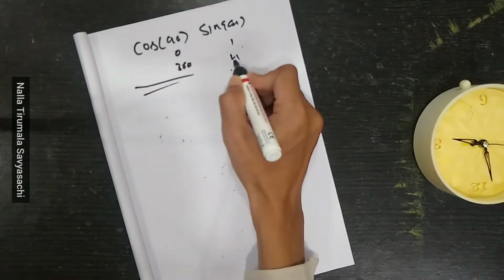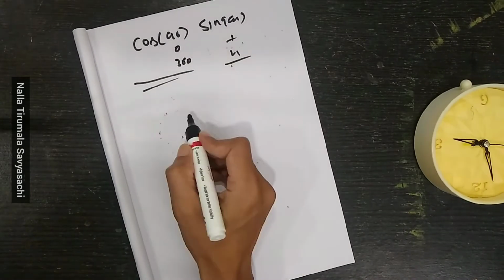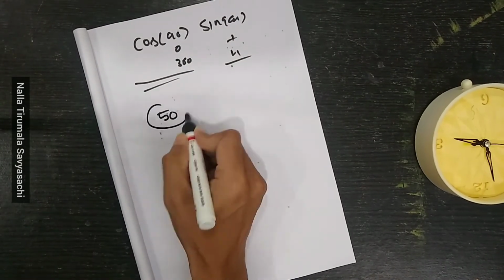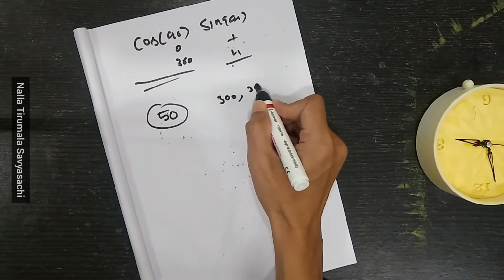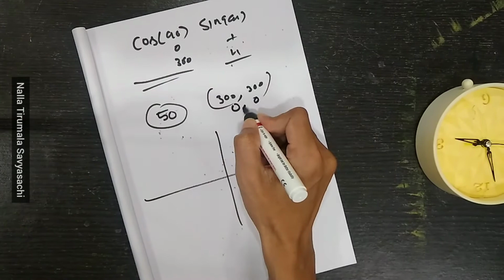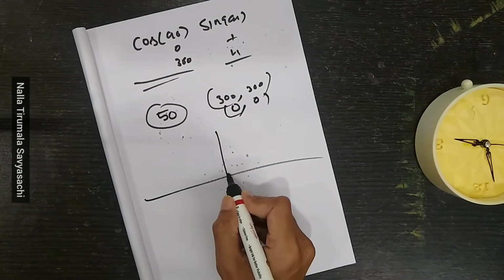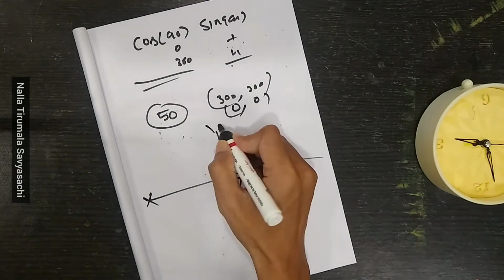So this thing you can do on your calculator also. For example, my radius is 50, and I want to draw it with the center point at 0, 0. Let's imagine this is 0, 0, this is x, y.